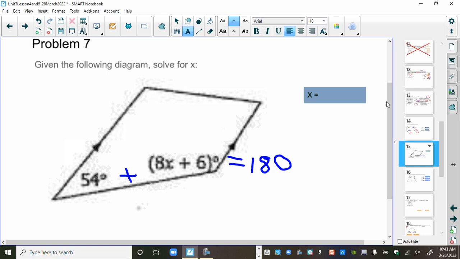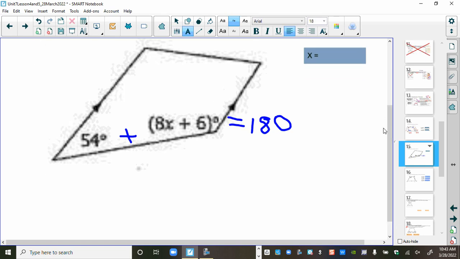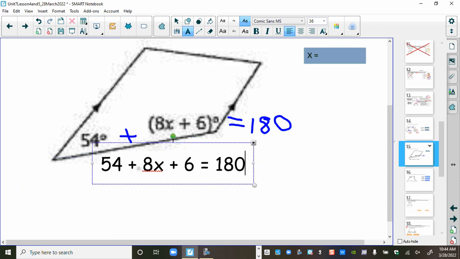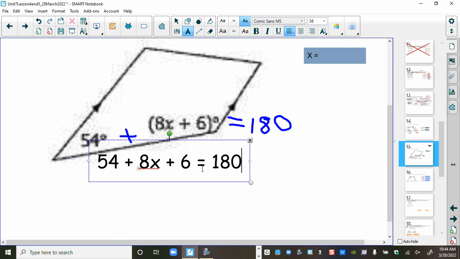So, setup's going to be 54 plus 8x plus 6 equals 180. But what do we have to do right away? Combine like terms. So 54 and 6 gives us 60.